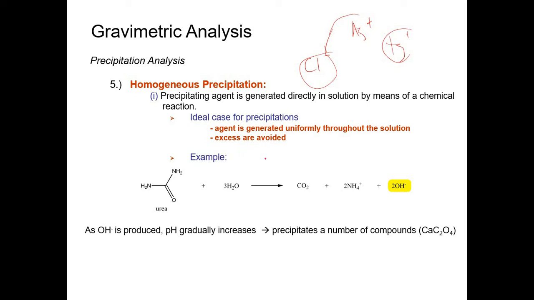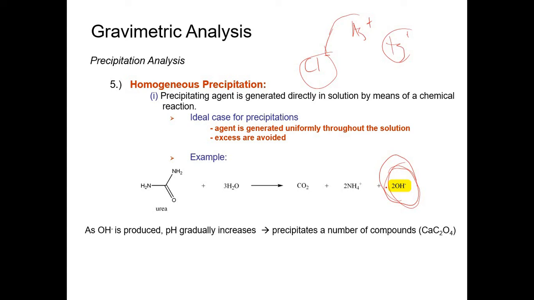And for example, we have urea. Okay, so urea in water. As you produce OH, the pH gradually increases because you're producing a base, right? So the presence of this OH, or the increase in pH, will precipitate a number of compounds, like for example CaC2O4.